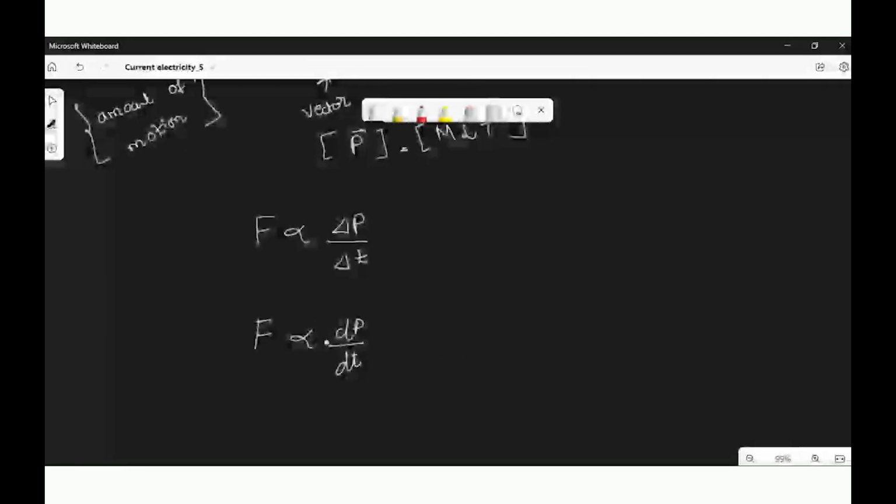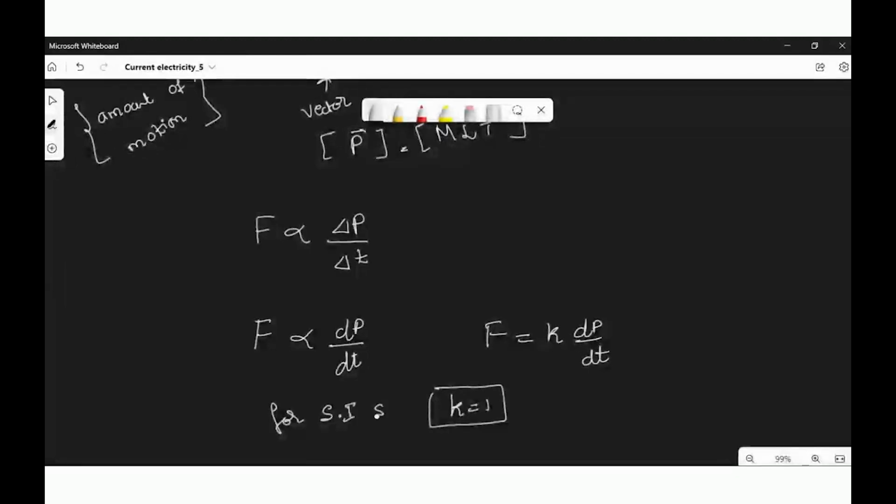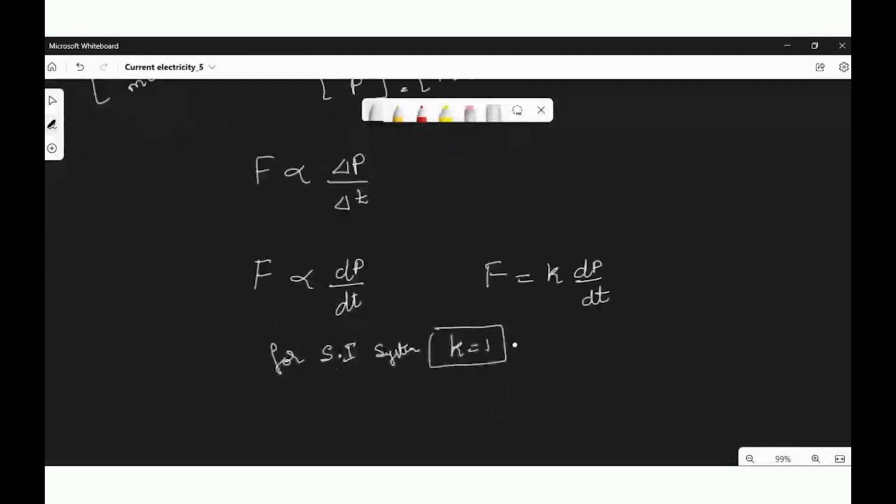With a proportionality, we have to introduce some constant k into dP by dt. But in SI units, the constant of proportionality is found to be 1. This is a system dependent constant. So F is equal to dP by dt.